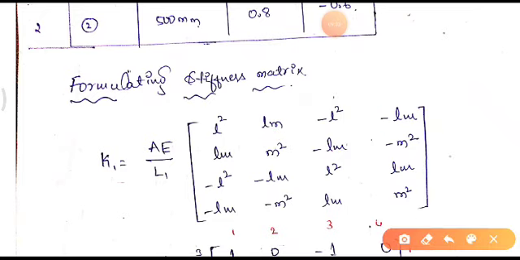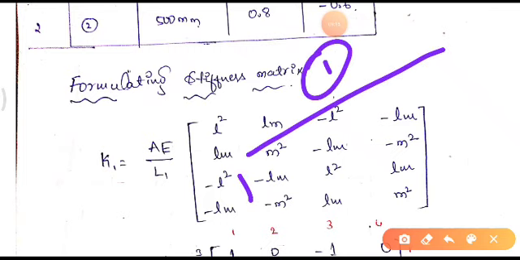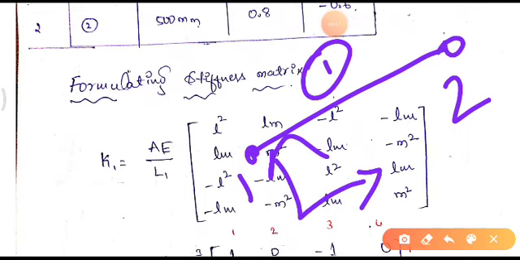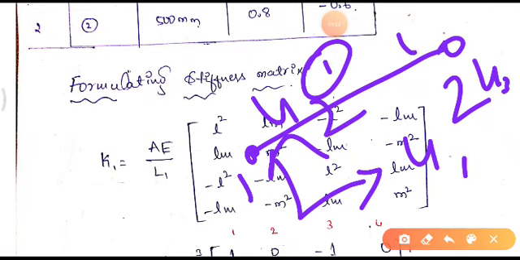Since K1 is the stiffness matrix for the first element, if you see, this is our first element. Suppose it is connected between two nodes, and as we know each node has two displacements, u1 and u2, and here we have u3 and u4.